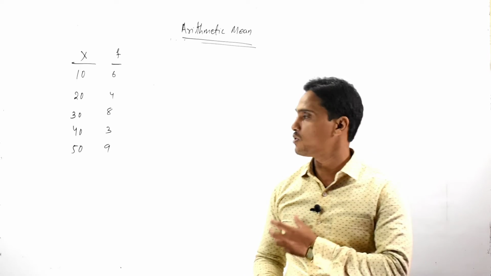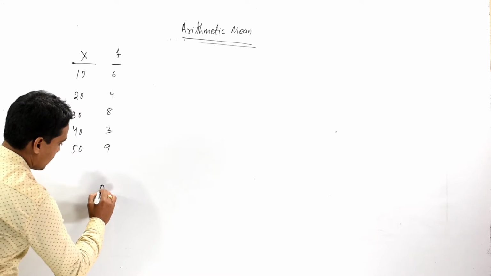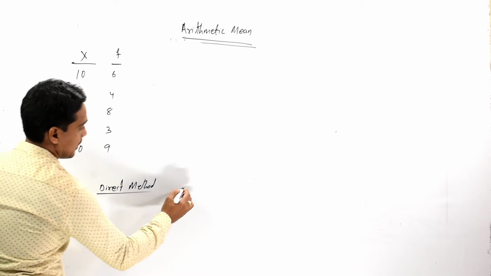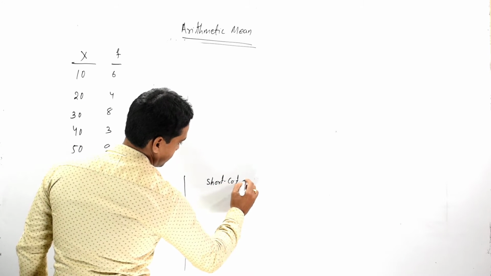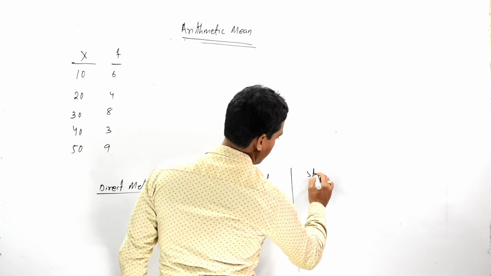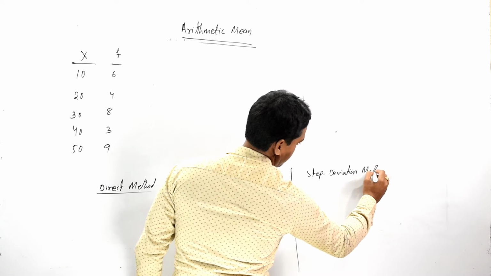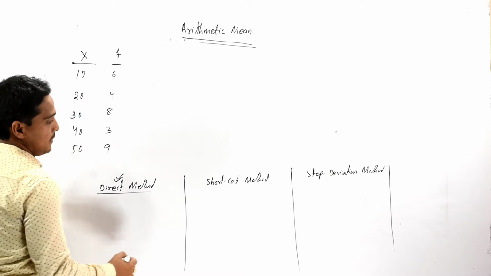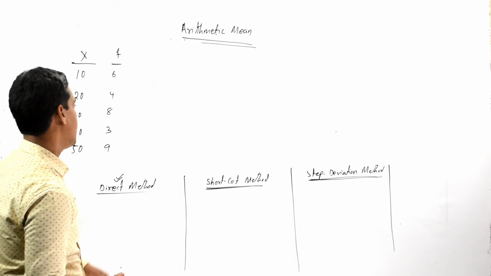That means we should find out the arithmetic mean of the given series under the direct method, shortcut method and step deviation method. So first we should compute the arithmetic mean of the given discrete series by using the direct method.